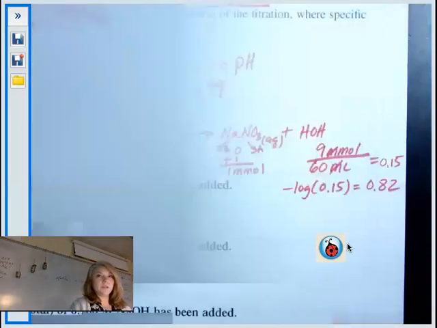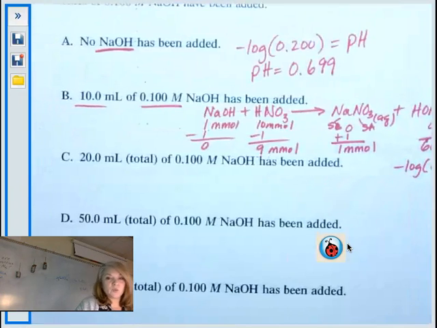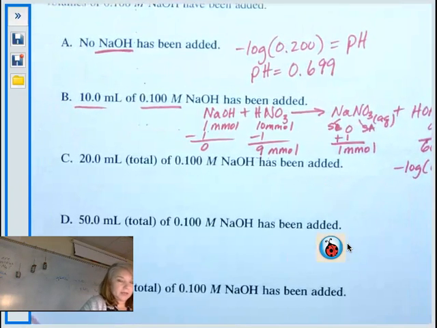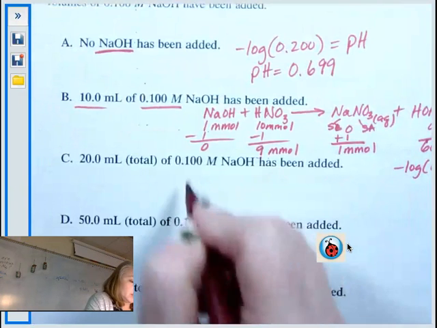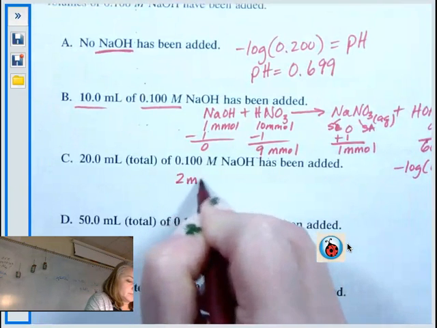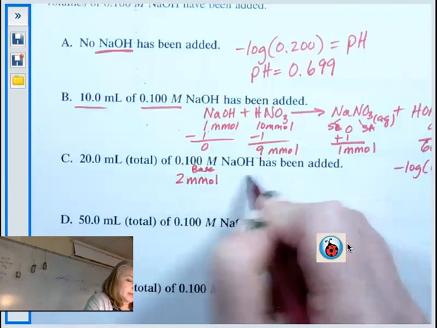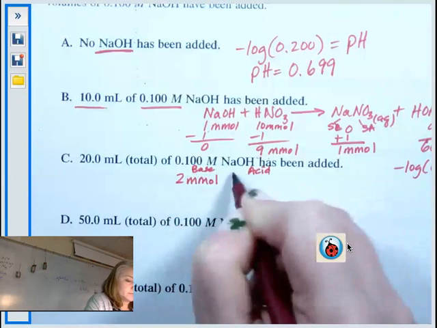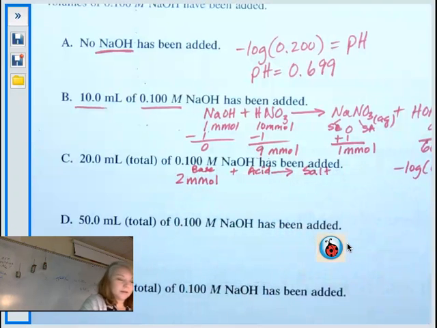All right, let's do this again. Now we're going to add 20, the same thing. So we have 2 millimoles of base. I'm just going to do base, acid, salt. How about that? How much acid?